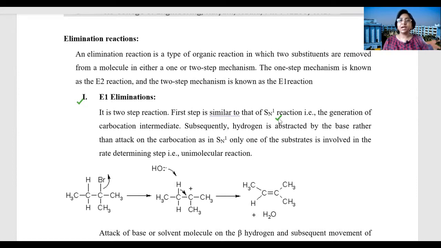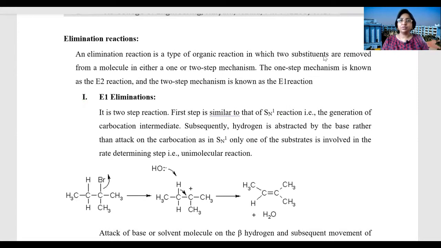Subsequently, hydrogen is abstracted by the base rather than attack on the carbocation. As in SN1, only one of the substances is involved in the rate determining step, that is a unimolecular reaction. So the first step is the slow step, the rate determining step. Here we get the carbocation.